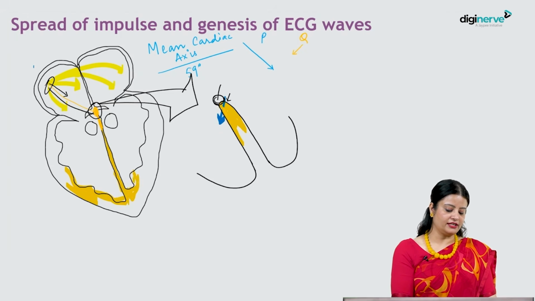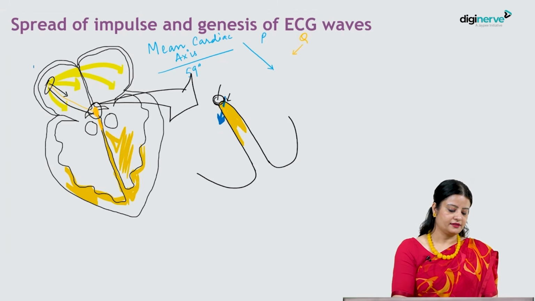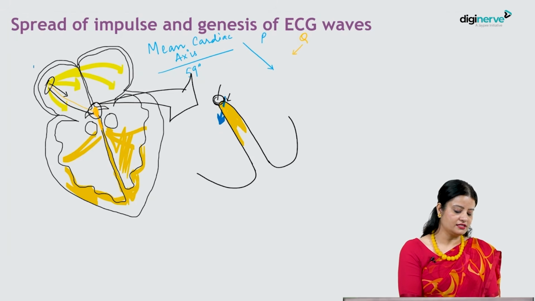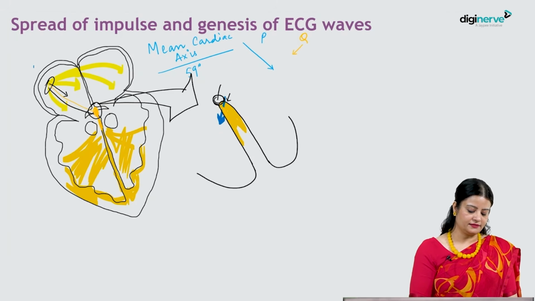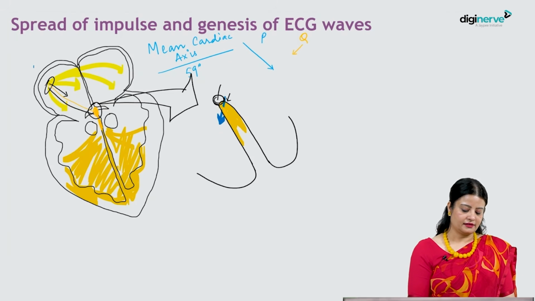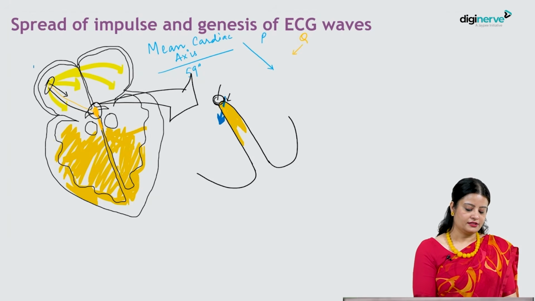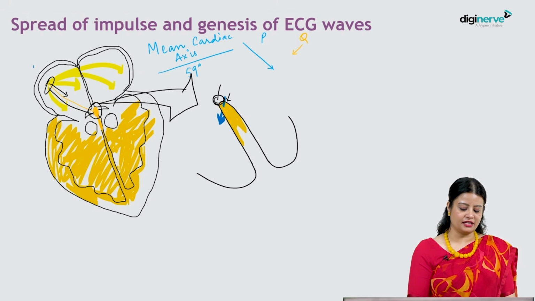So the wave of depolarization spreads across the entire ventricle, and this happens very quickly.